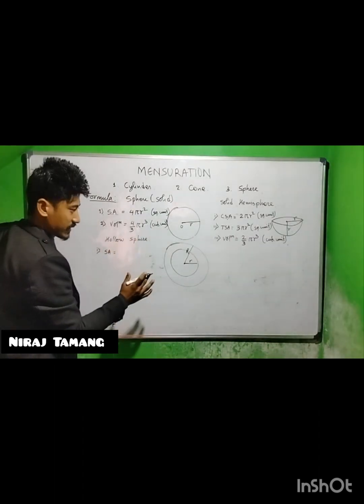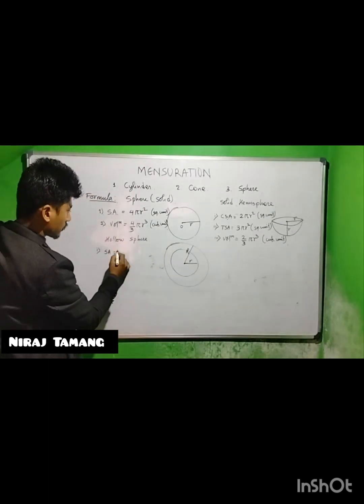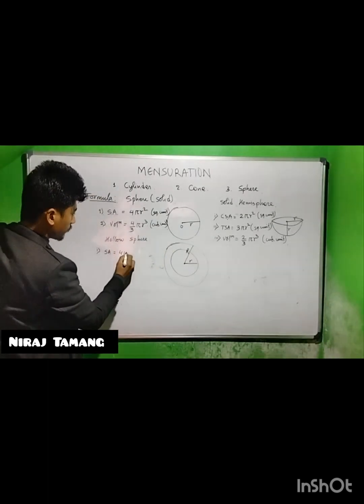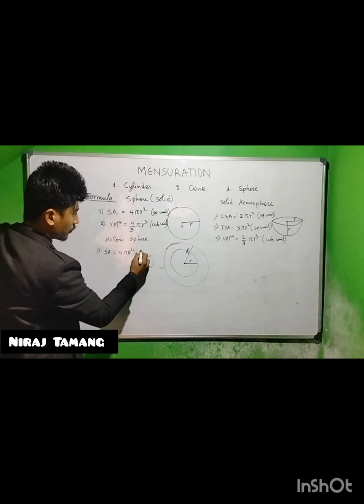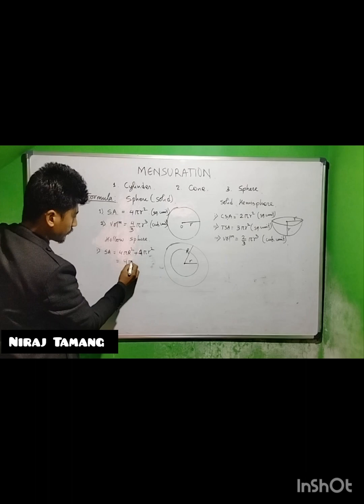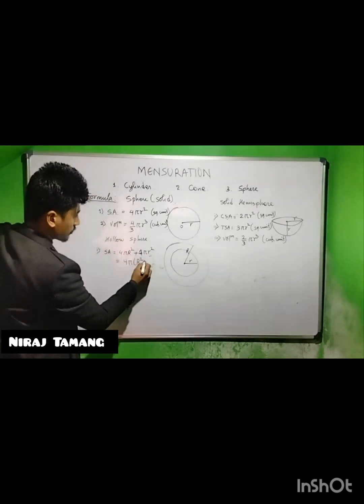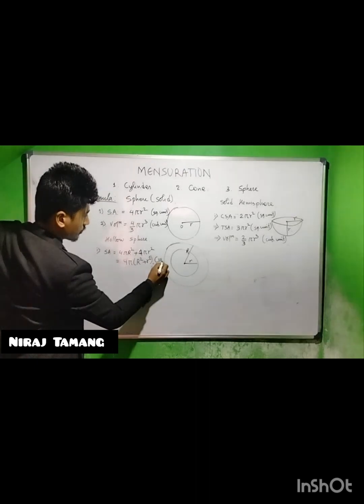It has two surface areas, one is the outer one and another is the inner one. So the outer one will be 4 pi capital R square and the inner one will be 4 pi small r square. So collectively we can write 4 pi (capital R square plus small r square). Alright, unit will be square unit.